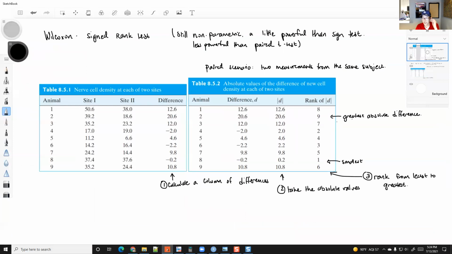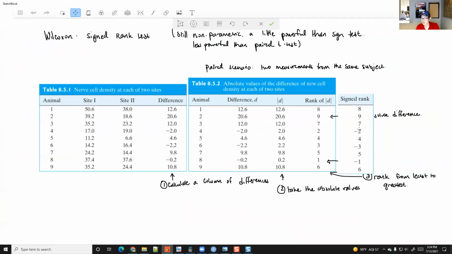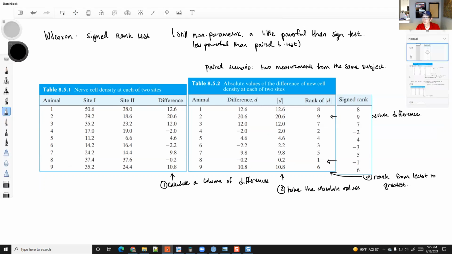How do I fit this in here? Well, I'm going to just put this right there. We rank them from least to greatest, and then we give them a signed rank. And we can actually turn the opacity down.